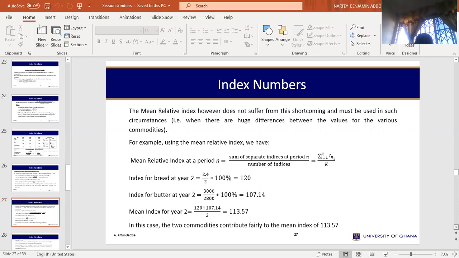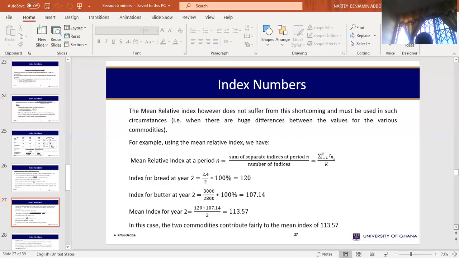So that is why we say the simple aggregate must not be used in such circumstances, that is, when there are huge differences between the values for the various commodities. For example, using the mean relative index, we have the mean relative index at period n. So we sum all the separate indices at period n, and then we divide by the number of indices. So index for bread at year 2.